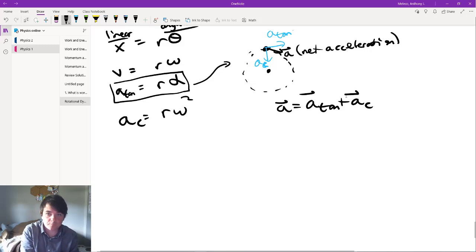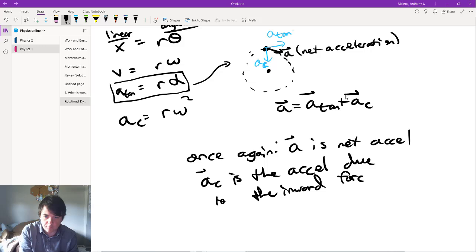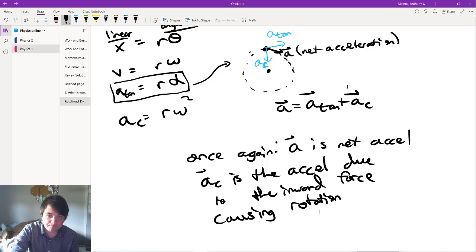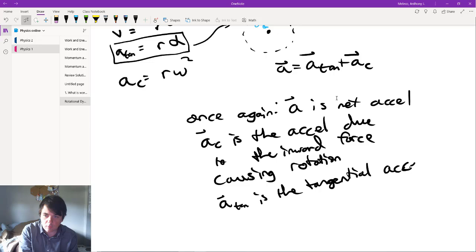Once again, A is the net acceleration, and AC is due to the inward force causing rotation.